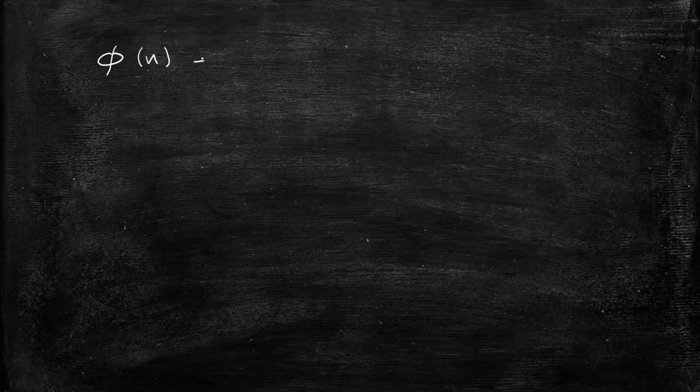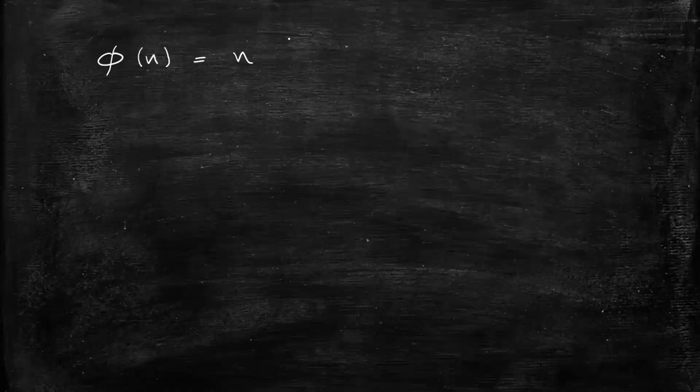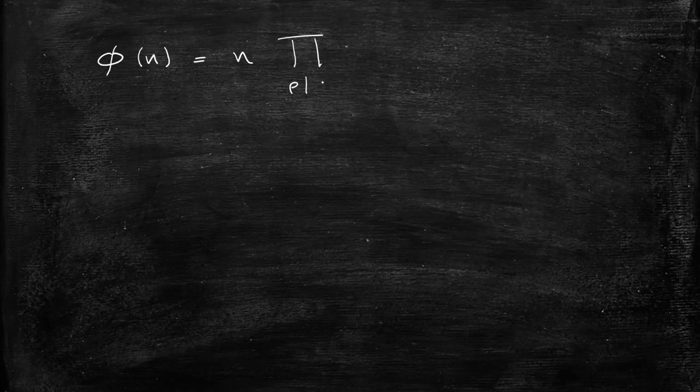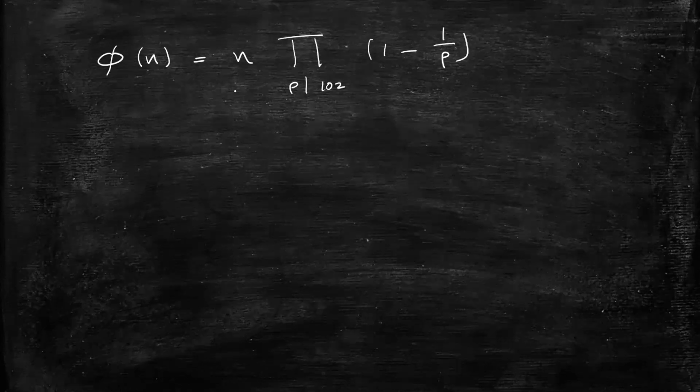So phi of n is going to be defined as n times the product symbol, over whichever prime numbers we'll be using, for 102, the relative prime numbers of 102, of 1 minus 1 over p. Okay, so this is just a more general statement, a restatement of the function that we did earlier.